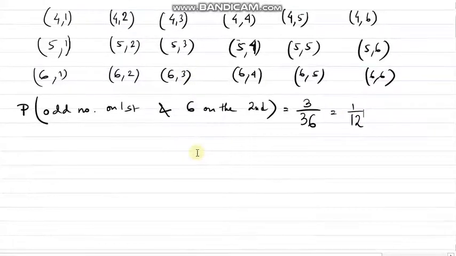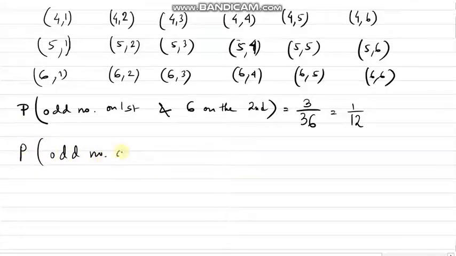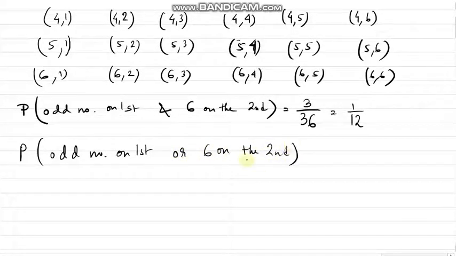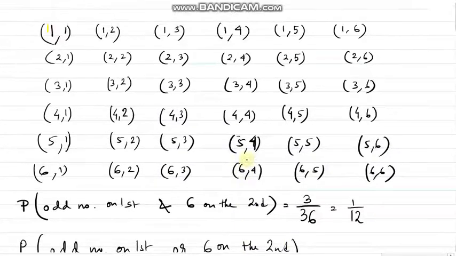Now changing the language: the probability of an odd number on the first die or 6 on the second die. So I want "or".